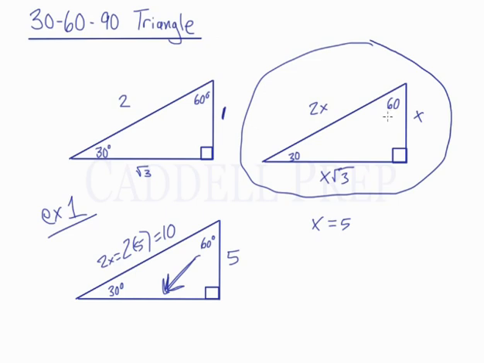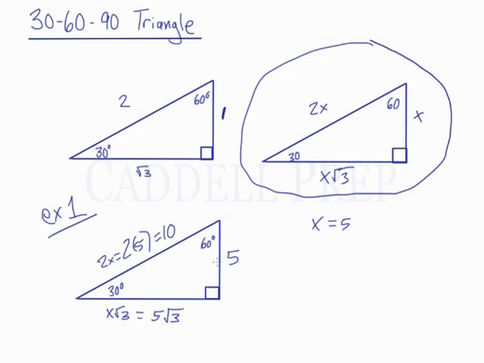And in our diagram here, across from the 60 is x radical 3. So that means this side is x radical 3. And we know that in our example, x is 5. So this is just 5 times radical 3, or 5 radical 3.